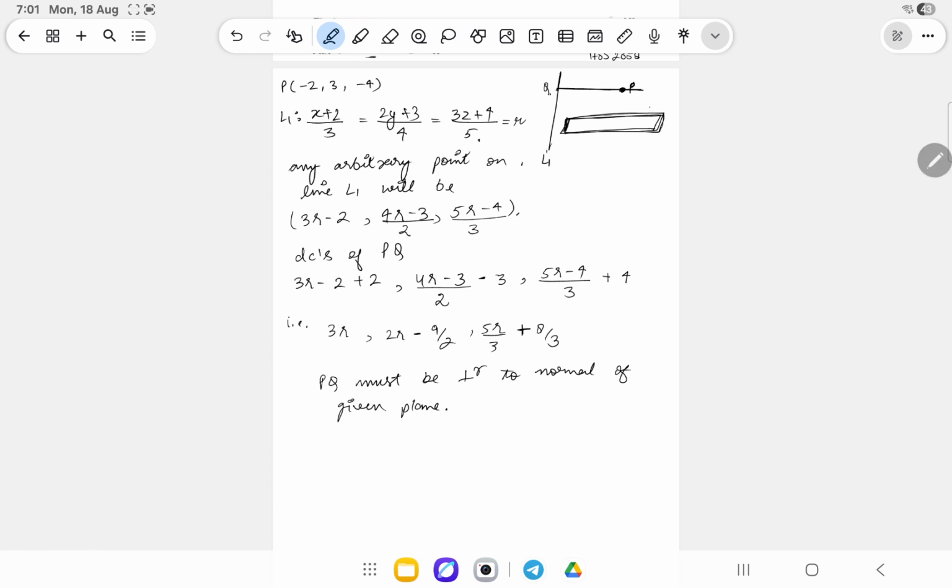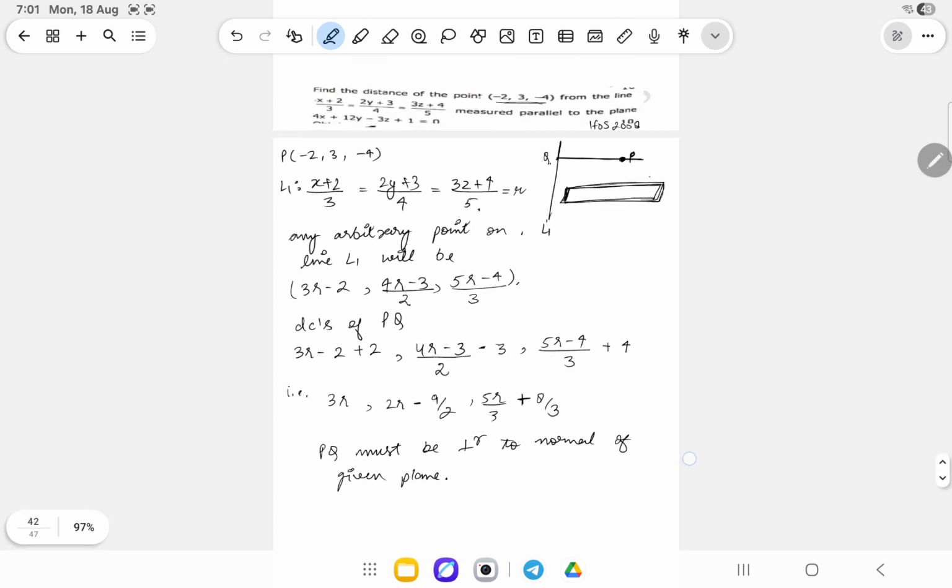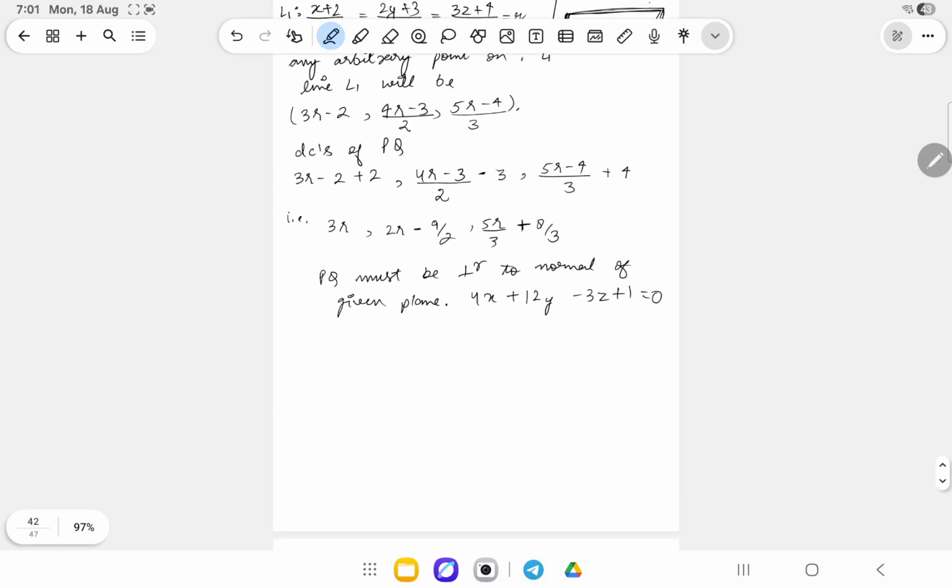My given plane is 4x plus 12y minus 3z plus 1 equals 0. So using the perpendicularity condition, we'll get 4 into 3r plus 12 into (2r minus 9 by 2) minus 3 into (5r by 3 plus 8) equals 0.